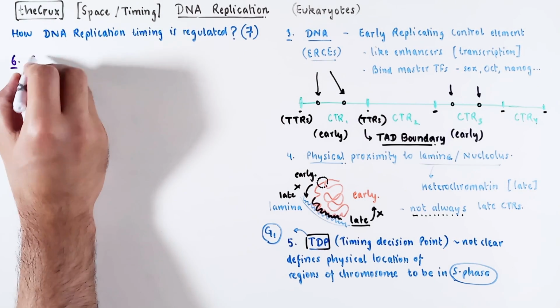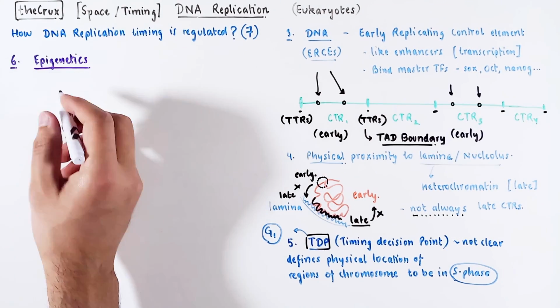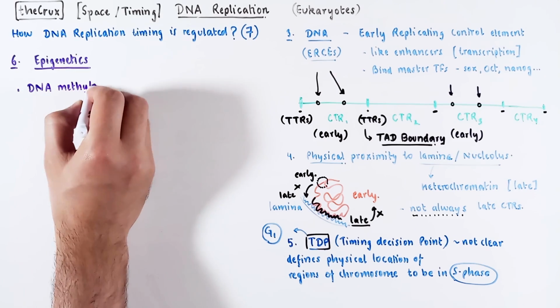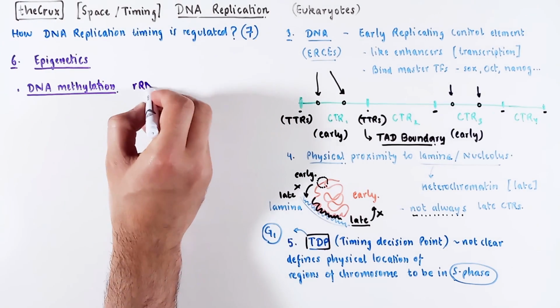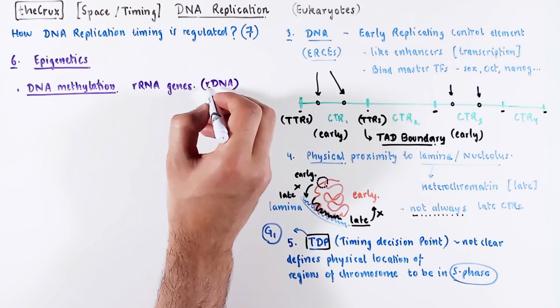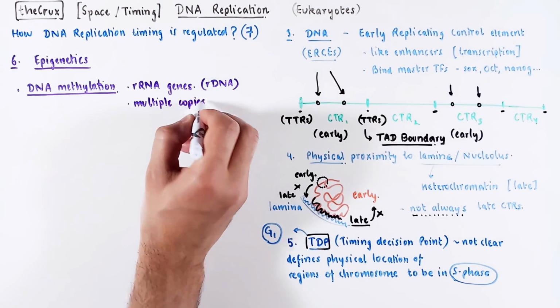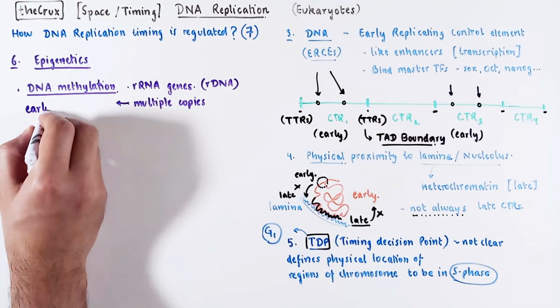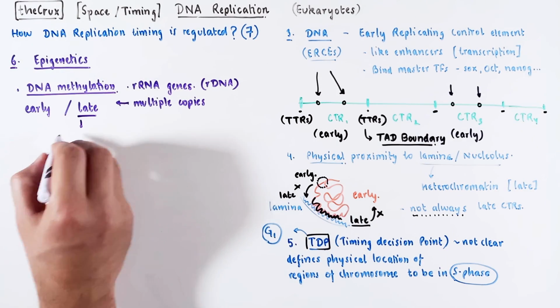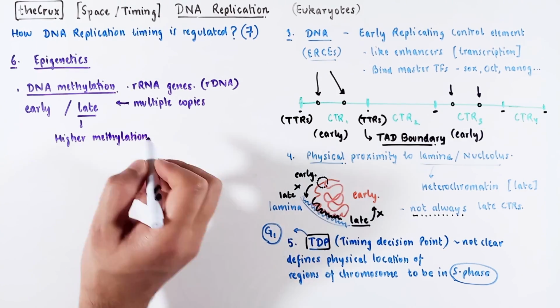Sixth factor is epigenetics. Classic example is DNA methylation, which is seen on ribosomal DNA locus. There are multiple copies of rDNA in mammals spread across many chromosomes. Some of them are early and some of them are late CTRs. All the late ones have a higher DNA methylation on them.